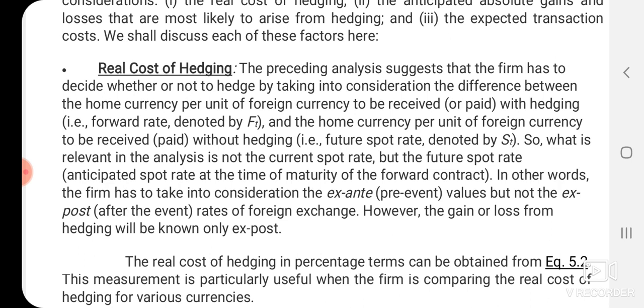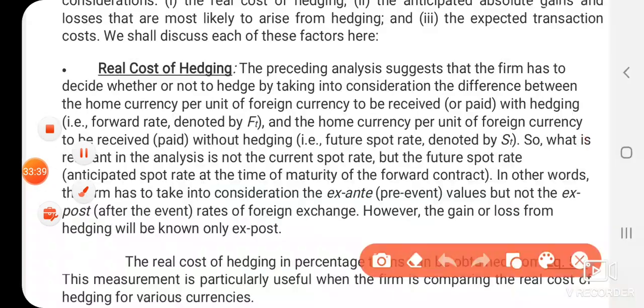Already I have said that transaction exposure is an exposure where the changes occur before the settlement, not after the settlement. He is saying the same point here: the firm has to take into consideration the ex ante, the pre-event values, but not the ex post rates of foreign exchange after the event.